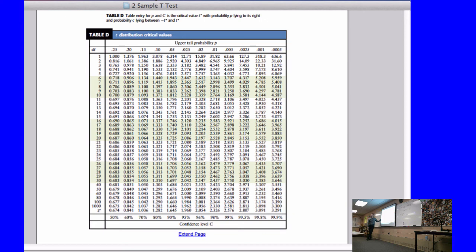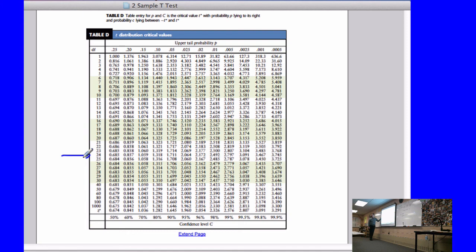How do you find your value? What's the degrees of freedom? What row do we look at? 24, right? 25 minus 1, so our degrees of freedom is 24. So I'm looking at that row. And how do I find my probability if I can't use my calculator? Okay, our t-value was 3.63.